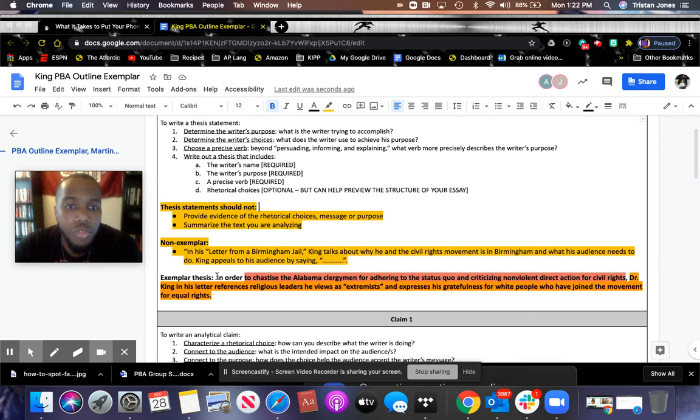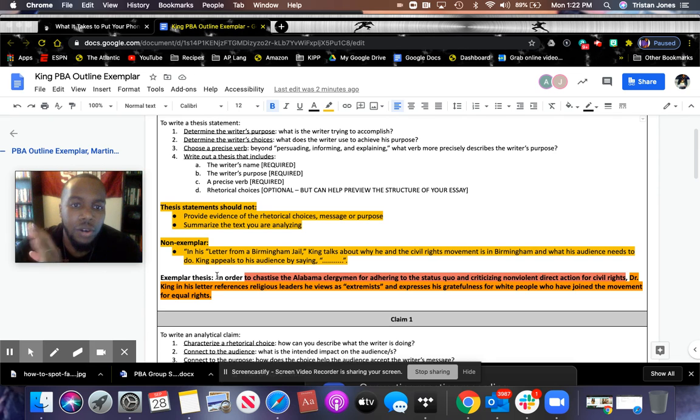So I start off with the purpose. In order to is an infinitive phrase that indicates that a purpose is going to be discussed. So in order to chastise the Alabama clergymen for adhering to the status quo and criticizing nonviolent direct action, that is King's purpose in this particular section that I'm analyzing.